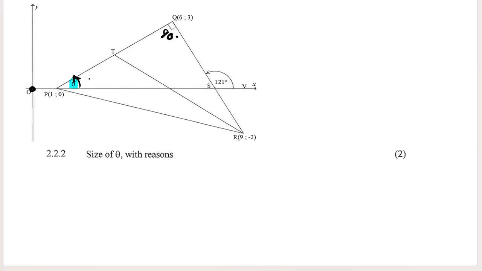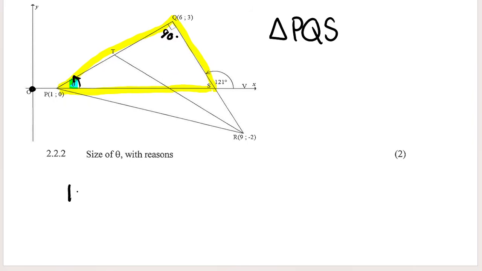Now, there's more than one way to do this. If I work in this triangle, I'm going to highlight the triangle that I'm talking about. If I work in triangle PQS, I can work with 121 as being the exterior angle of triangle PQS. So if you look at triangle PQS, it's the yellow triangle. 121 is the exterior angle of that triangle. And what do we know about exterior angles of the triangle?